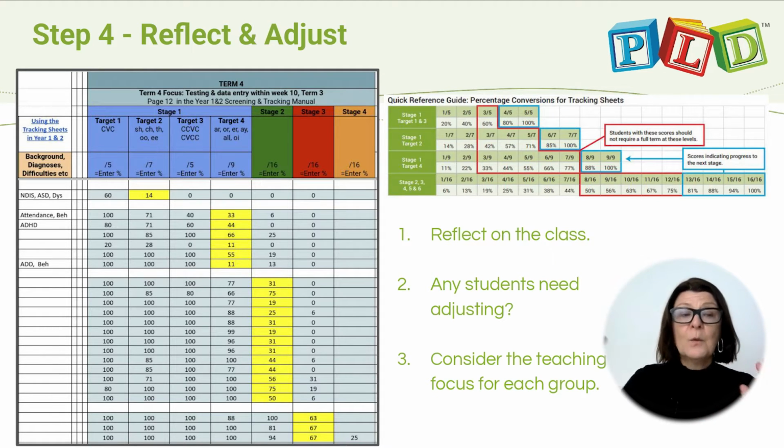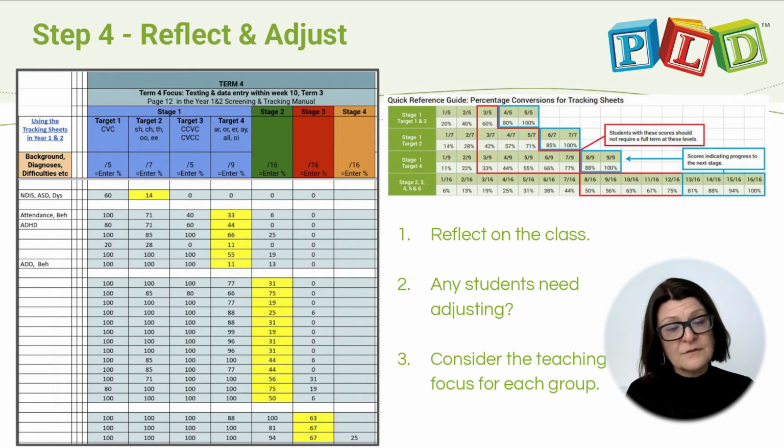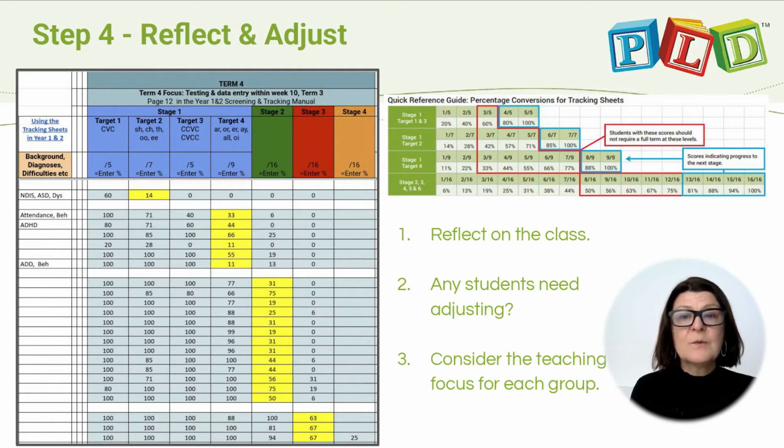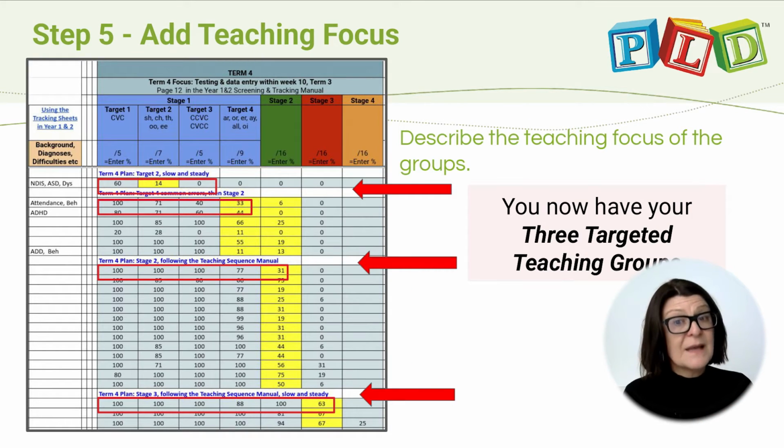Step 4, we need to work those groupings and sometimes widen focus so that you're left with 3 targeted teaching groups. In this particular class, we have an NDIS student that is receiving some EA funding, and then here are our 3 targeted teaching groups.